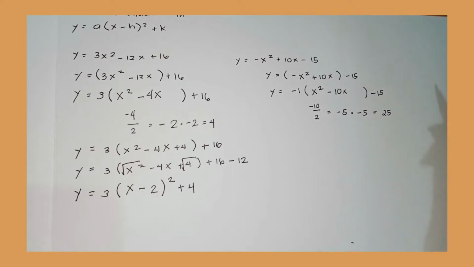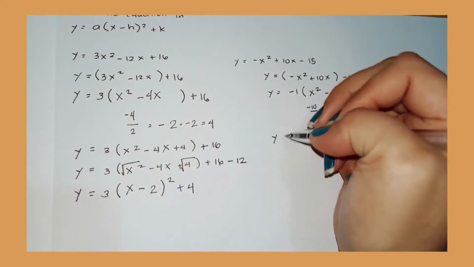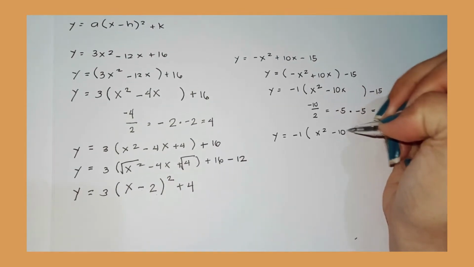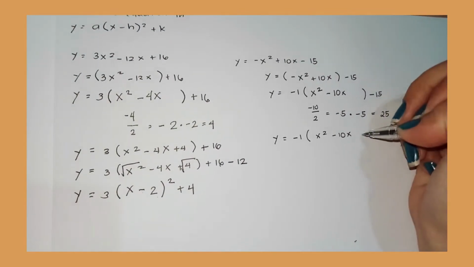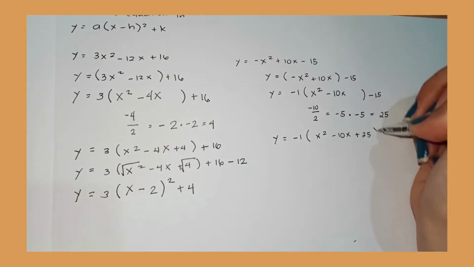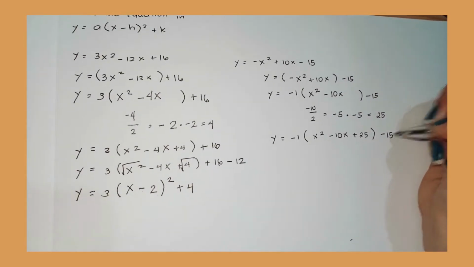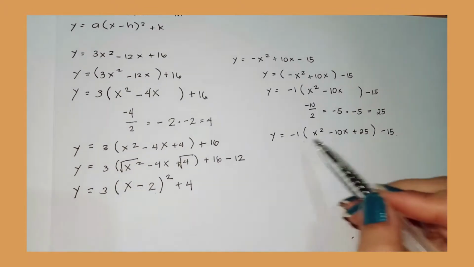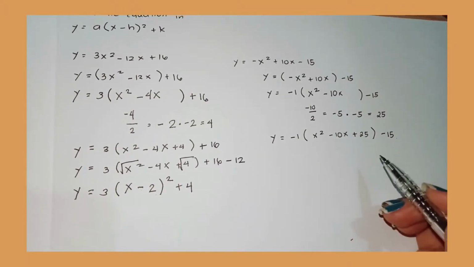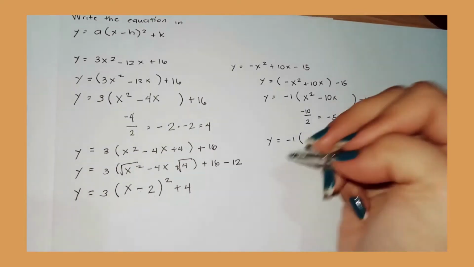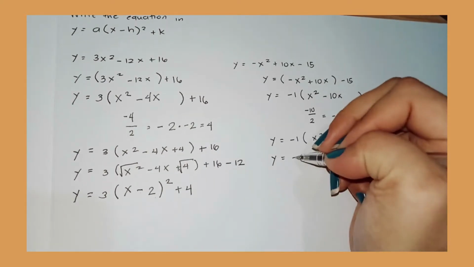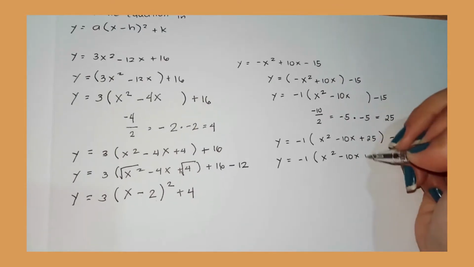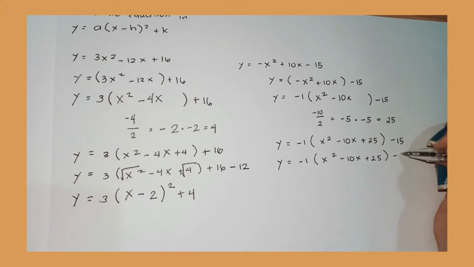So, this will be y is equal to negative 1 x squared minus 10x, then plus 25 minus 15. Next na gagawin natin, i-multiply si negative 1 at si 25. So, this will be y is equal to negative 1 x squared minus 10x plus 25 minus 15.